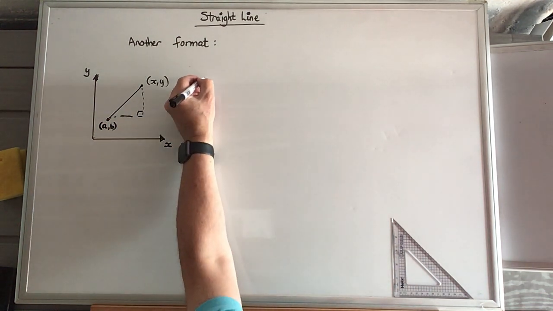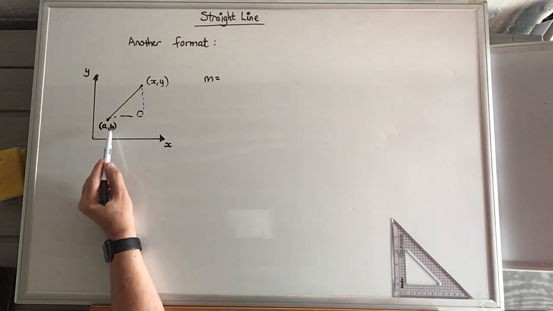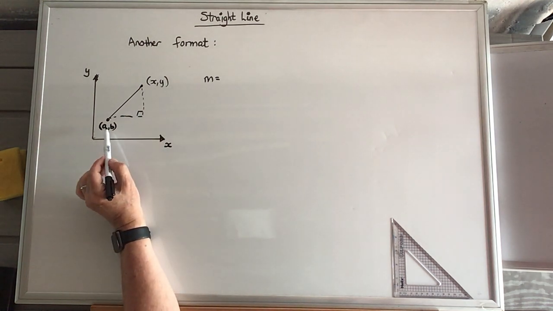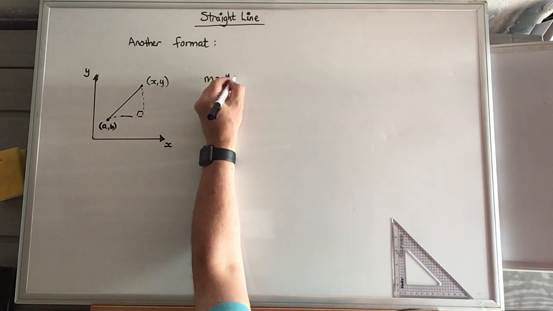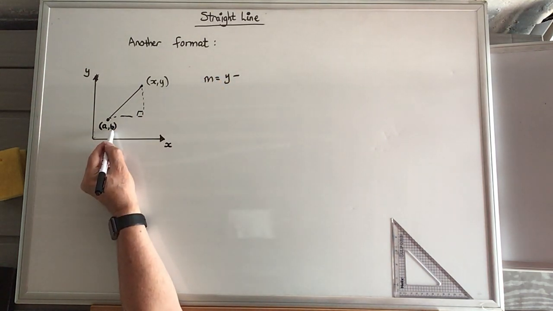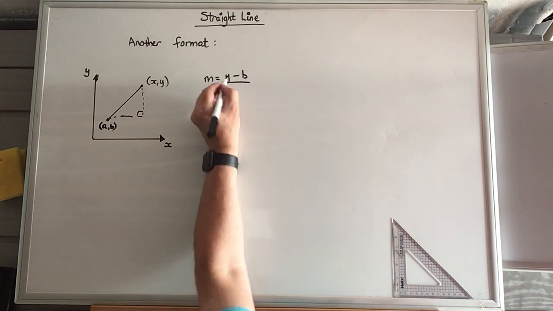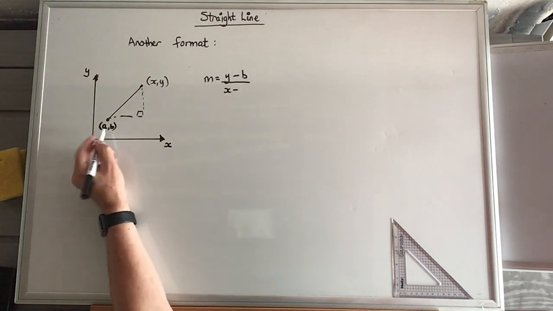Now, for the gradient, you should know from previous videos, the gradient is y2 minus y1 over x2 minus x1. Now, my y2 in this case is just y, minus my y1, which I called b, over my x2, which is just simply x, minus my x1, which I've called a.